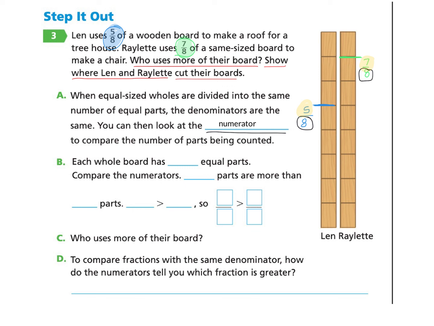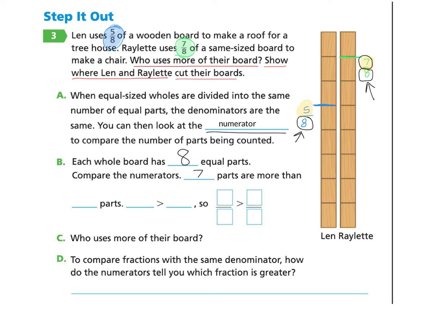Let's take a look at part B. Each whole board has blank equal parts. Well, we have already determined that the boards both have 8 equal parts. And now we're going to compare the numerators. Blank parts are more than blank parts. So we're looking at the bigger number, which would be 7.